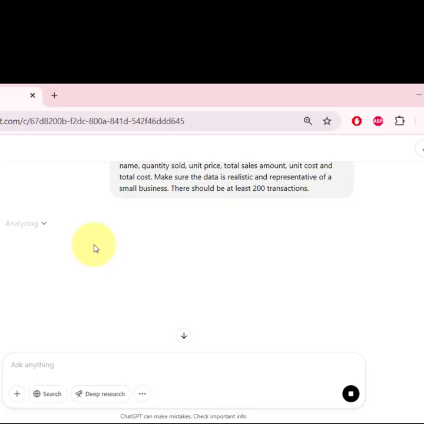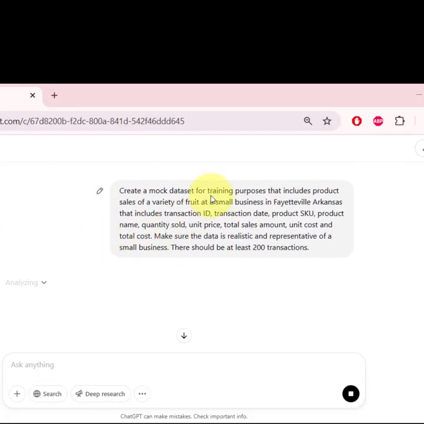But in this case, we're able to ask it to create a mock data set and get us ready. Now, what we can do is go and check it. Once the data comes in, we can go and see the whole data set, or see the first 5 lines or the bottom 5 lines of the data set, and just take a good look at that. And so let's go ahead and wait just a second for it to do that.